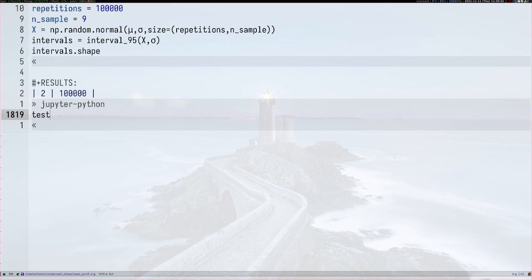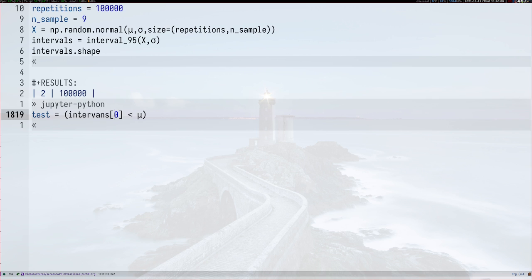So now I can define my test. When is it the case that mu lies within my interval? The first thing that has to be the case is intervals 0. This is the left boundary of my interval, so mu should be to the right of that.